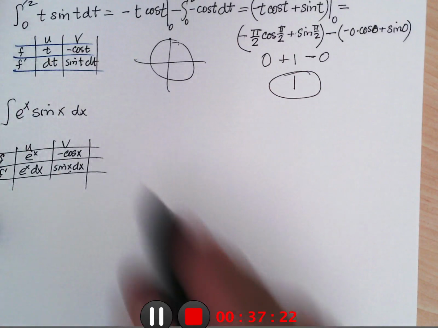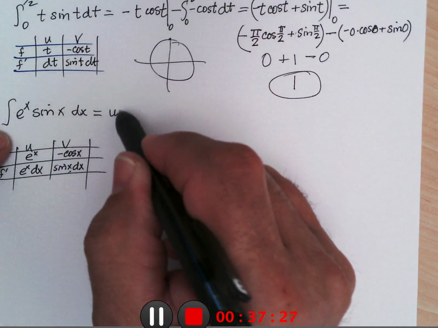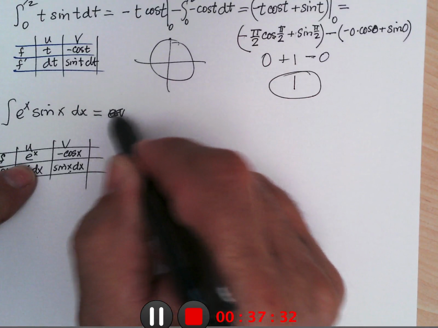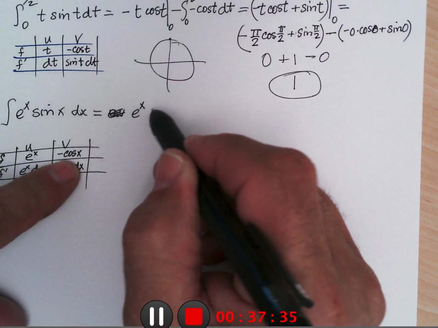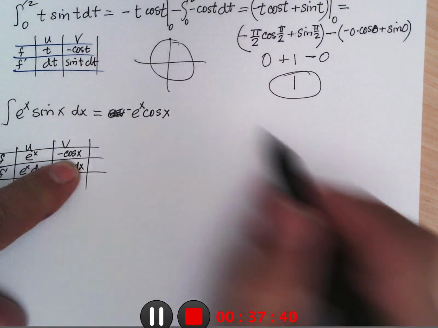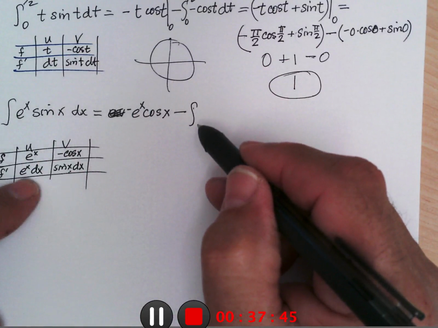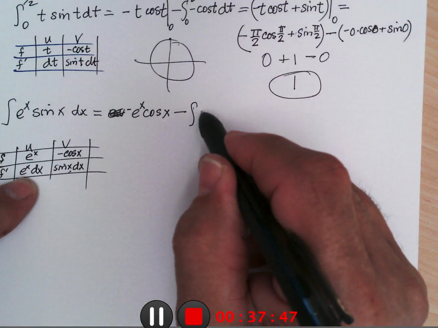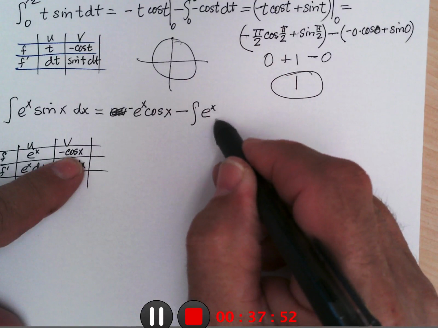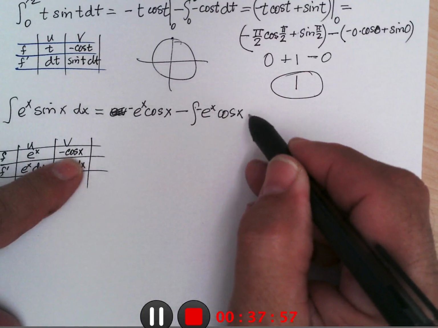So this would become uv, e to the x times negative cosine x minus the antiderivative, the integral of these two, which is e to the x cosine x, and there's a minus, and there is a dx.